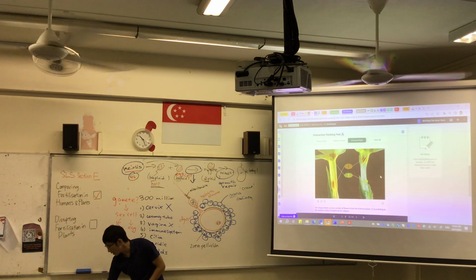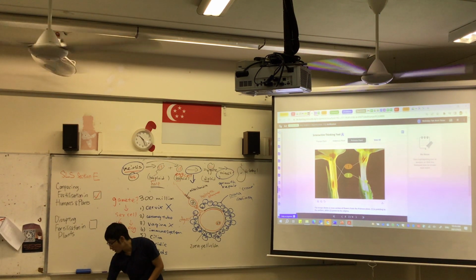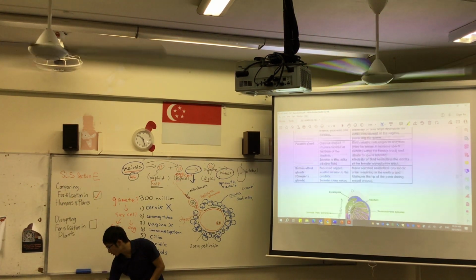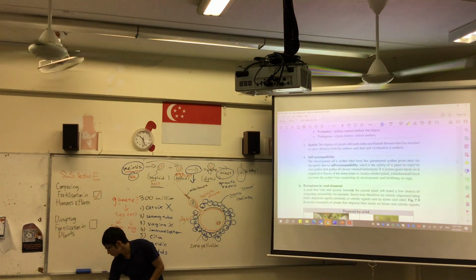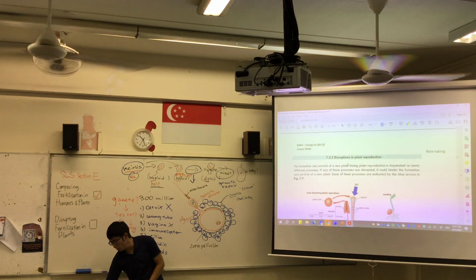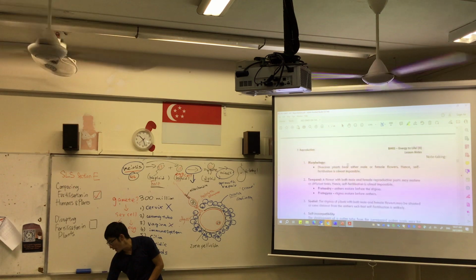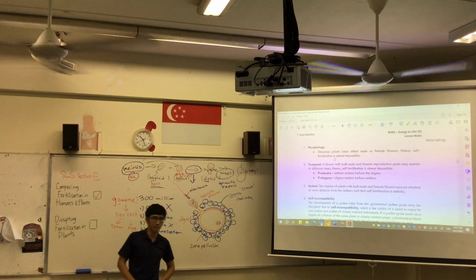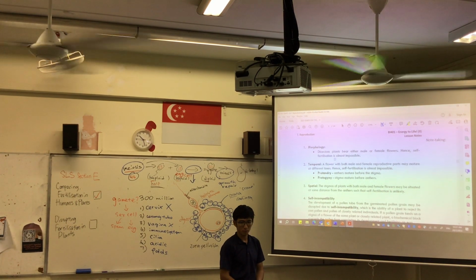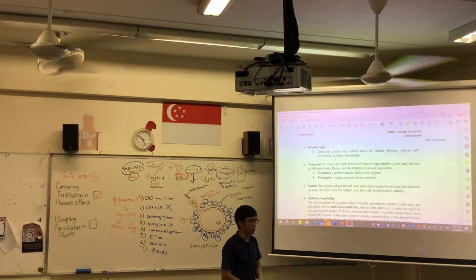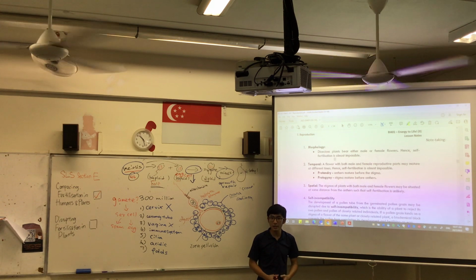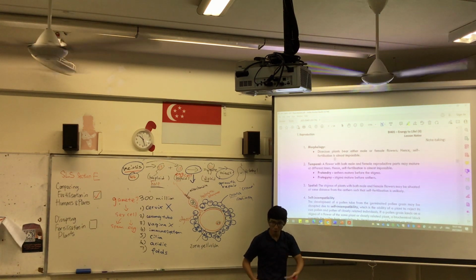So for the last part of today, and maybe I'll see you tomorrow to continue this. If you look at plant reproduction, we are going to go to this particular section of the notes. Here, section 7.2.5 of page 9. I'd like to focus our attention on these 3 methods that plants use to prevent self-fertilization or promote cross-fertilization.